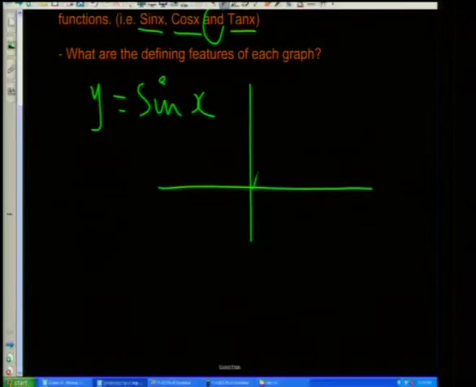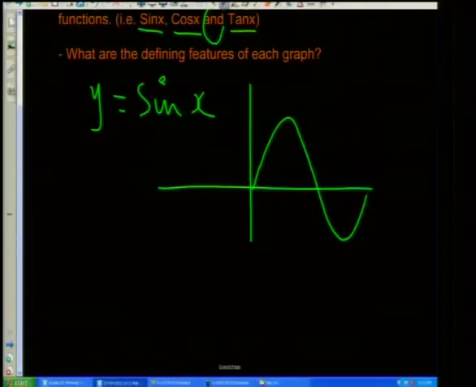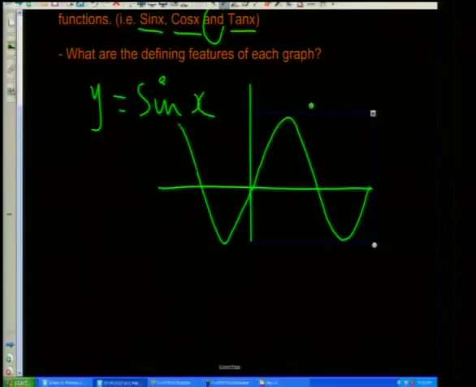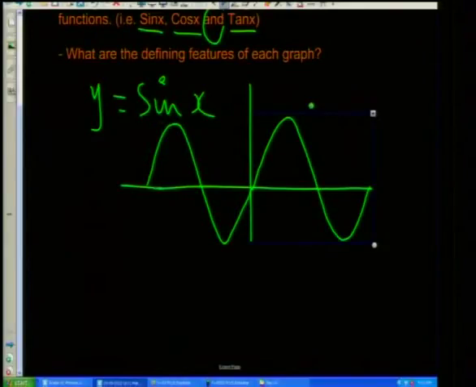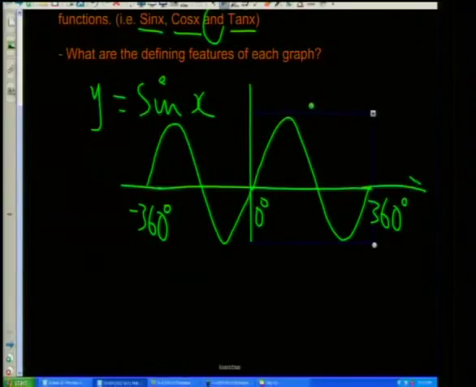It starts off by increasing, then decreases until 360, and of course there is the other half this side, repeating the same form. So the period runs from 0 to 360 degrees, and from minus 360 to 0. And this is our x, and that is our y.